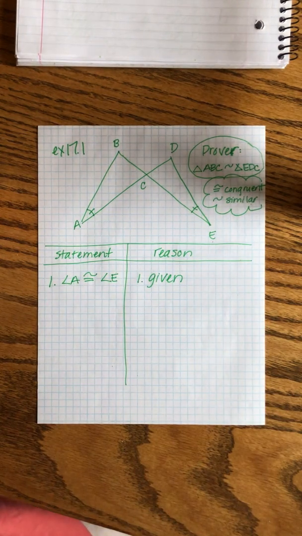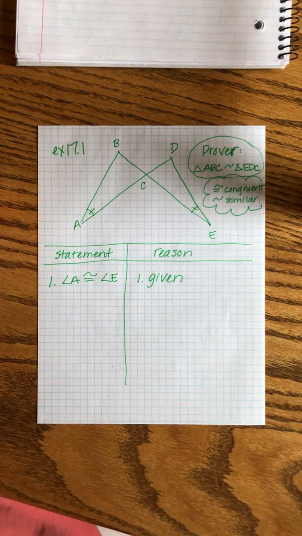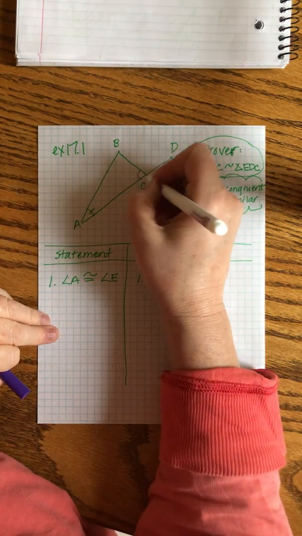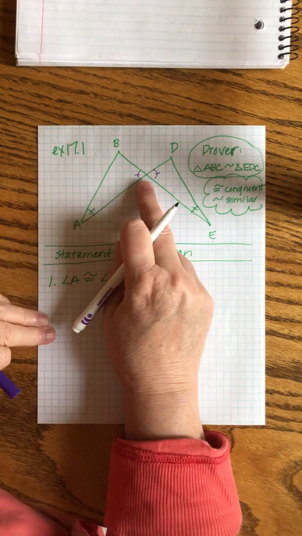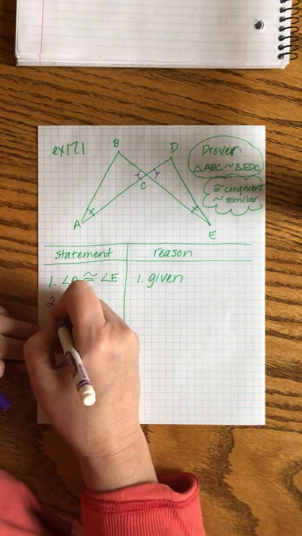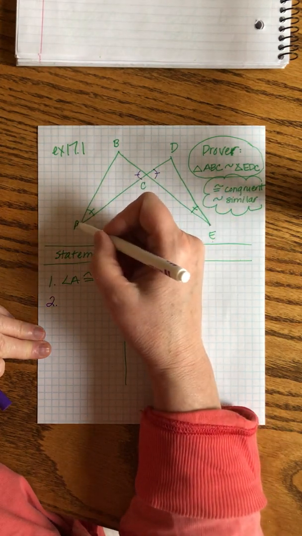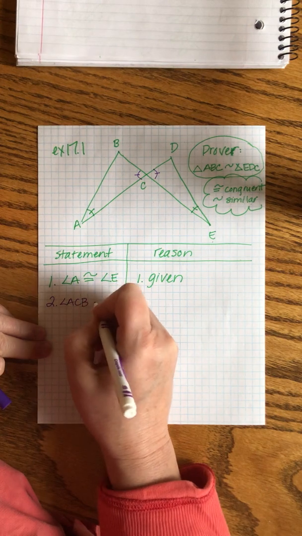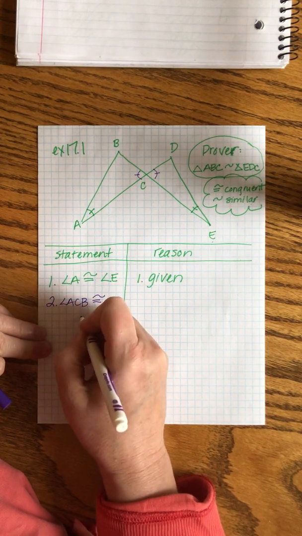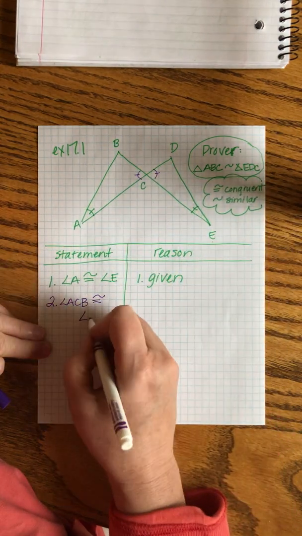All right. John didn't give us anything else, so we just have to stare at the picture until we figure something out. And what I'm drawn to is these vertical angles, because I know that vertical angles are equal, right? And so I'm marking that in purple. So the next thing I say, I can't say angle C, because these are both angle C, but I can say angle ACB is congruent to angle ECD.